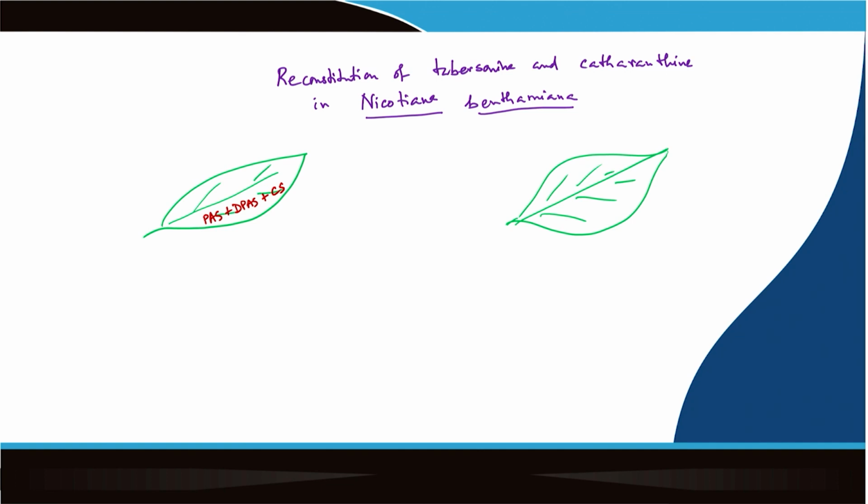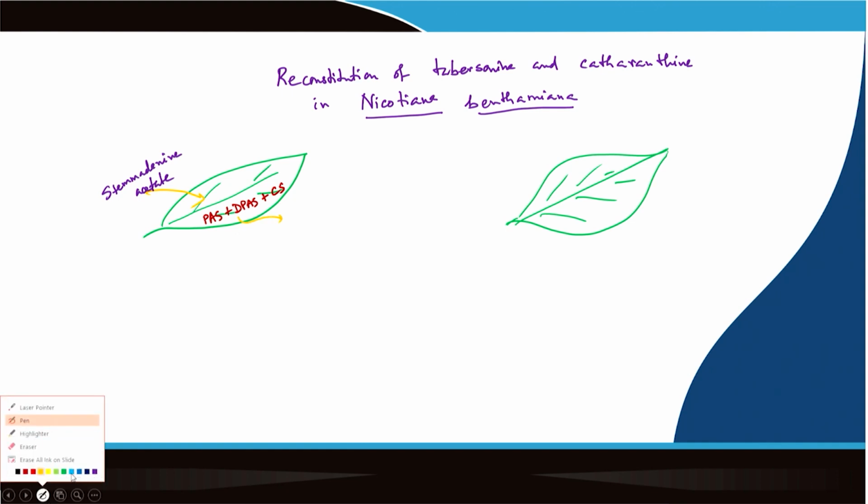So, these three genes were inserted and they added stemadenine acetate here, they fed. And as a result of that, if it can produce the catharanthine, that will indicate that indeed these genes are functional.